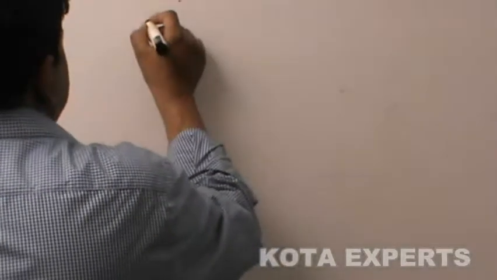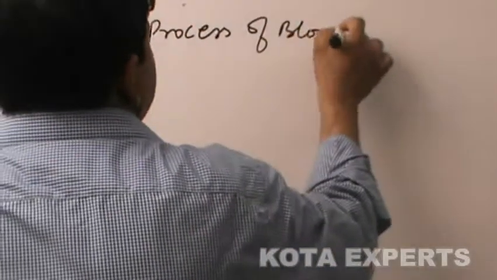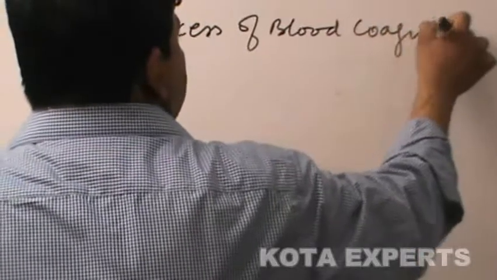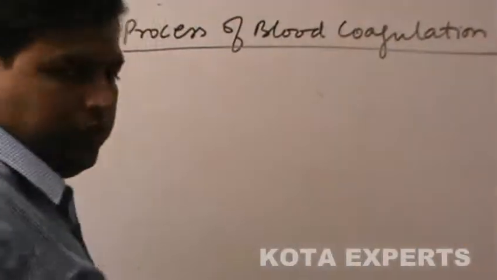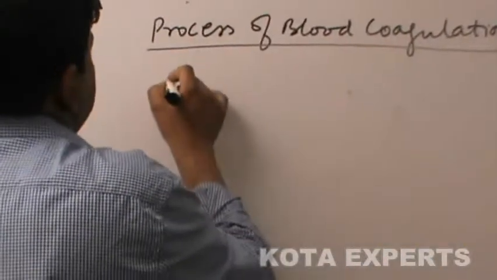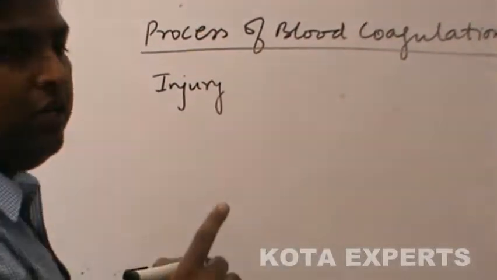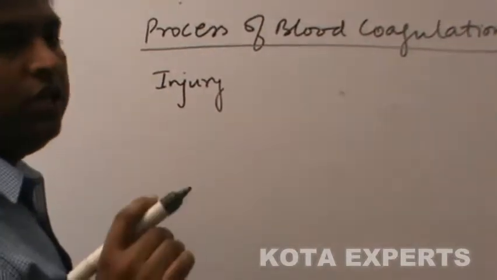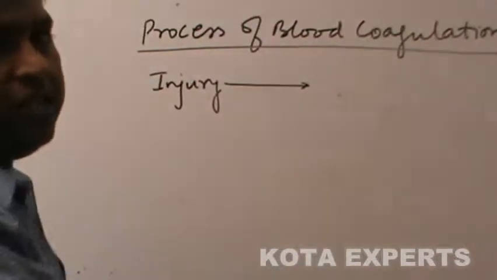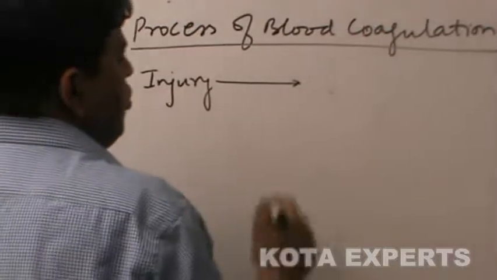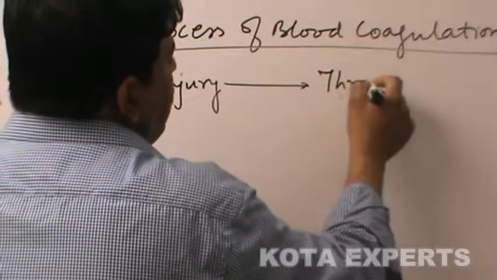Now the process of blood coagulation. See, there is an injury. At the site of injury, the platelets as well as the WBCs rush to the site of injury and produce a chemical substance known as thromboplastin.